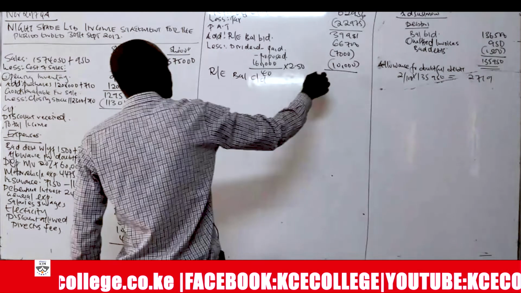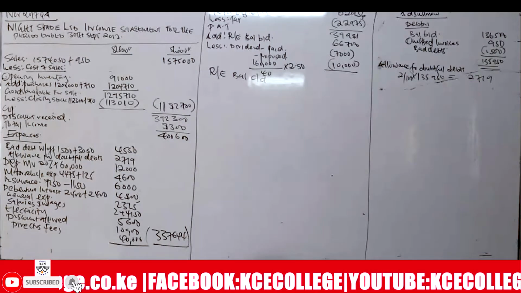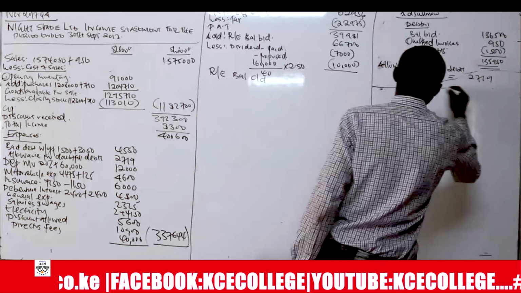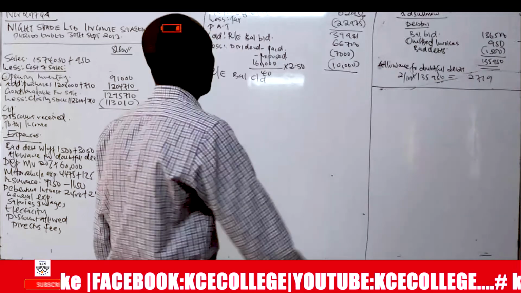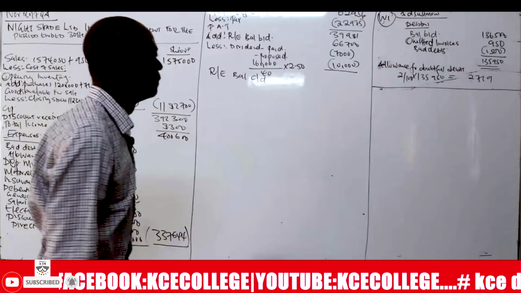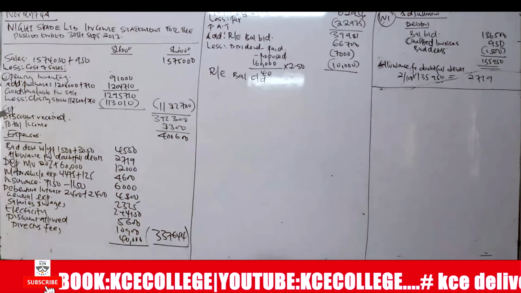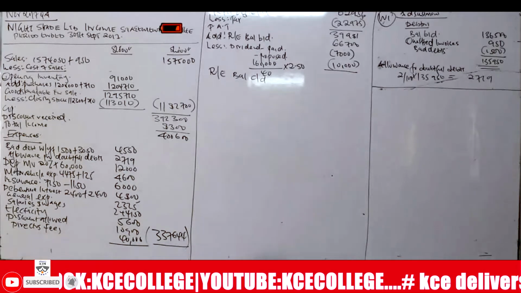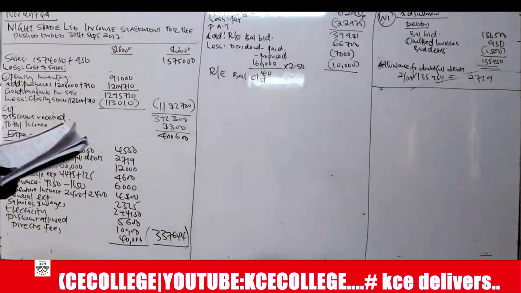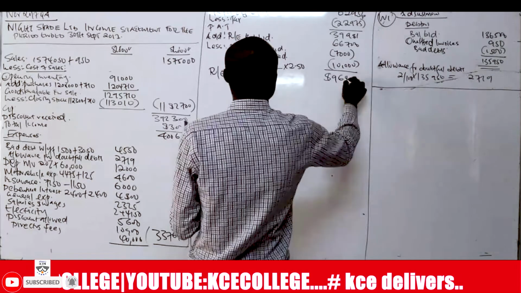This figure here, what do you get? Retained earnings balance carried down: 89,681.